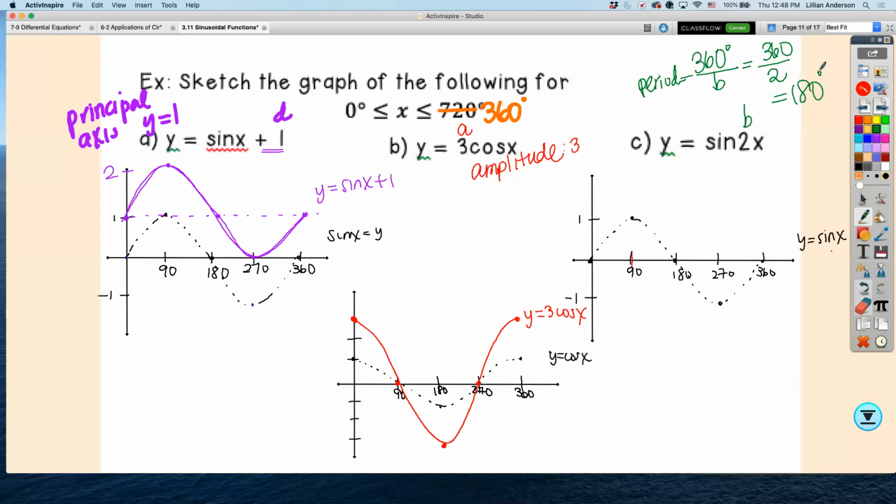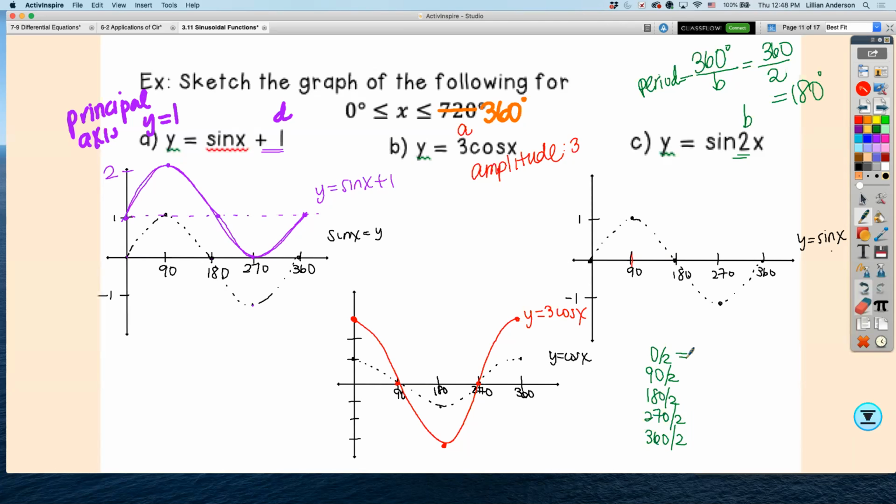We're gonna take each of our X values and we are going to divide them by 2. Why 2? Because that's the value of B. If it was 3, we would divide by 3. It's 4, we would divide by 4. Okay? So I'm going to take each of my X values. That's my big 5. That's 0, 90, 180, 270, 360. I'm going to divide every single one of those by 2. Again, it's 2 because that's my B value.